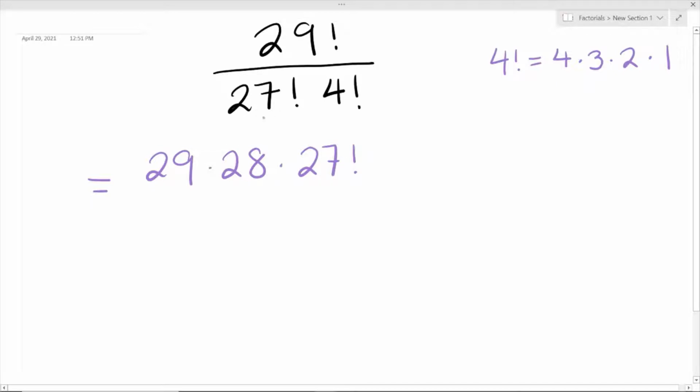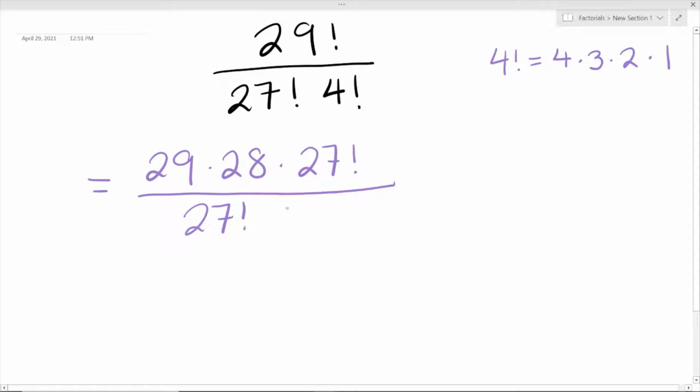So here we have 27 factorial in the denominator as well. We actually made the decision to put in 27 factorial right here, not randomly, but from what we see in the denominator, because here we have 27 factorial. Because we know that if we do this, we can cancel this with 27 factorial.